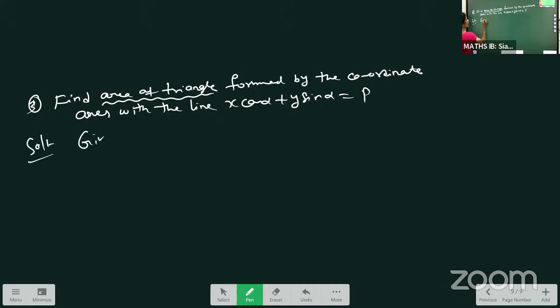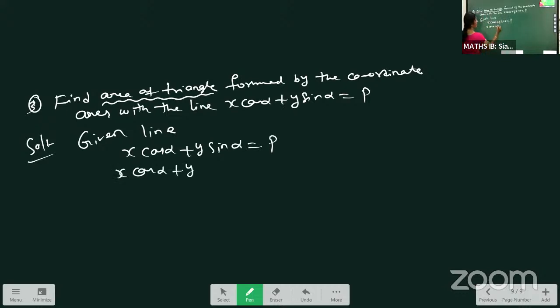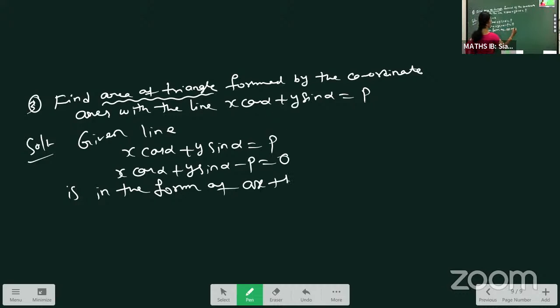Given line is x cos alpha plus y sin alpha is equal to p. Bring p to this side: x cos alpha plus y sin alpha minus p is equal to 0. Here you write it in the form ax plus by plus c equals 0.